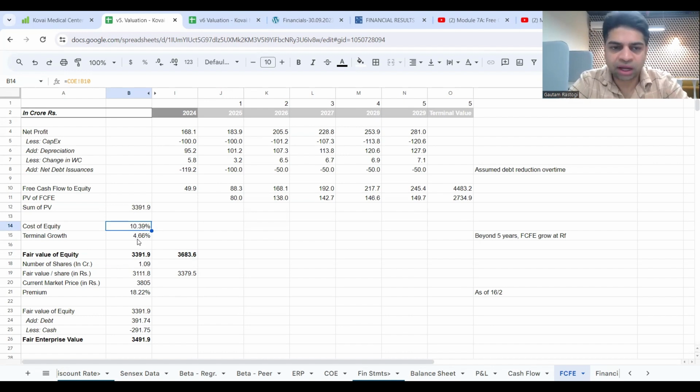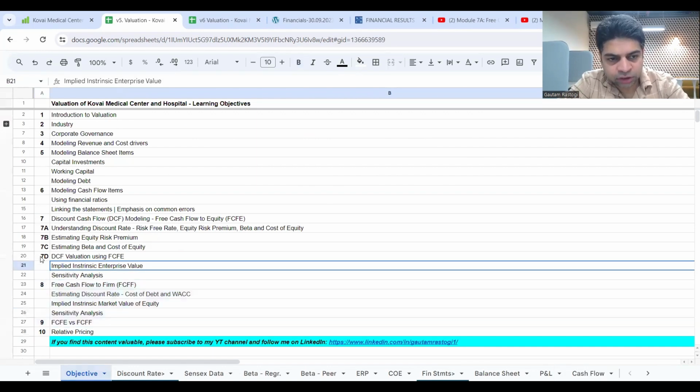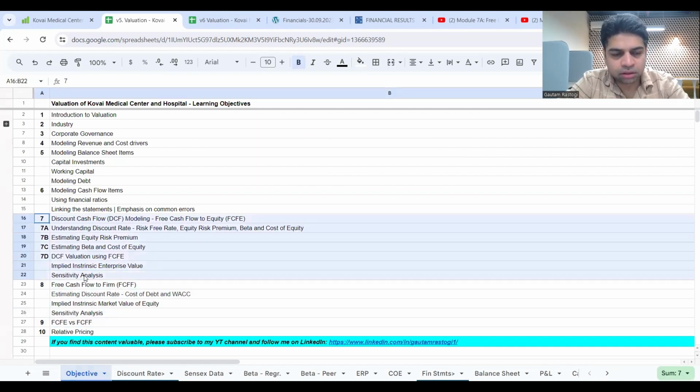But for now, we are going ahead with the cost of equity and terminal growth that we had estimated and tabulated. So, guys, this completes our module. Hope this was helpful. We completed module 7.